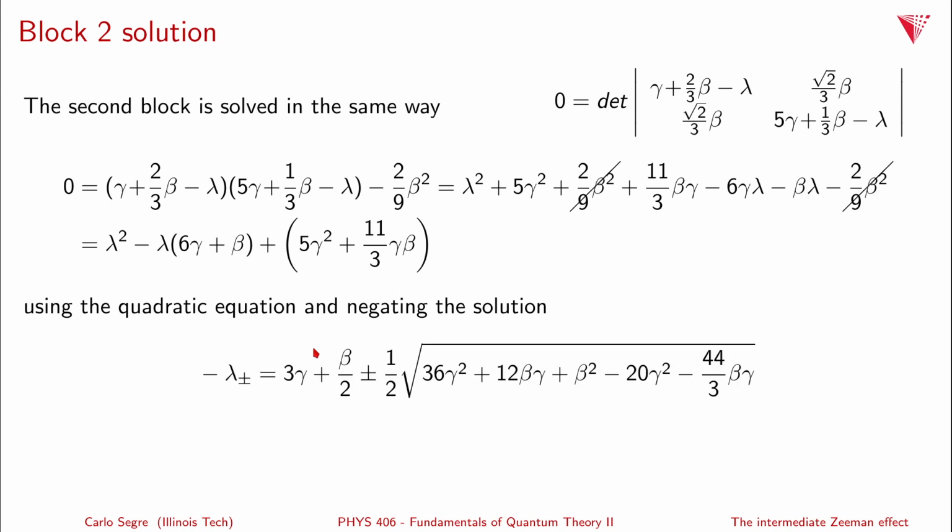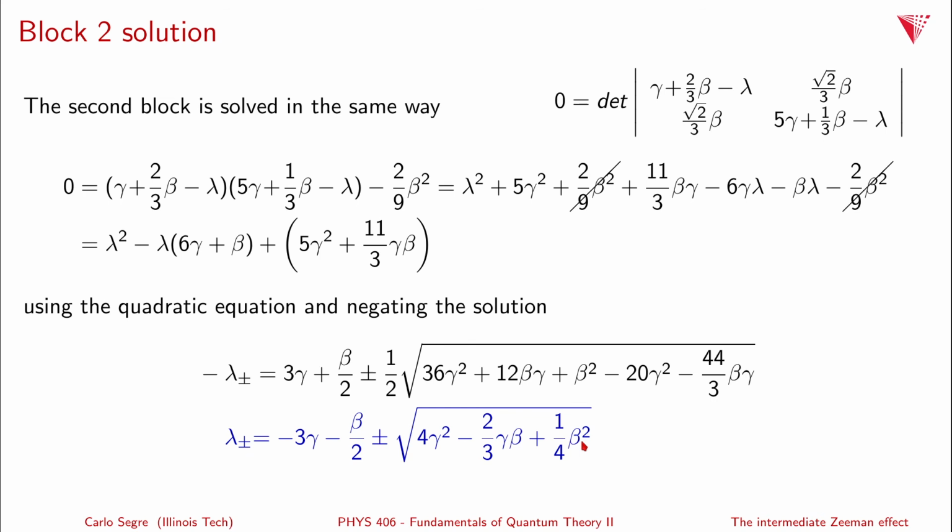We again use the quadratic solution, and we get lambda plus minus is equal to minus 3 gamma minus beta over 2 plus or minus the square root of 4 gamma squared minus 2/3 gamma beta plus 1/4 beta squared.